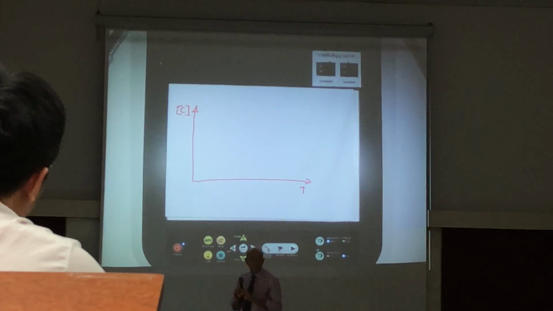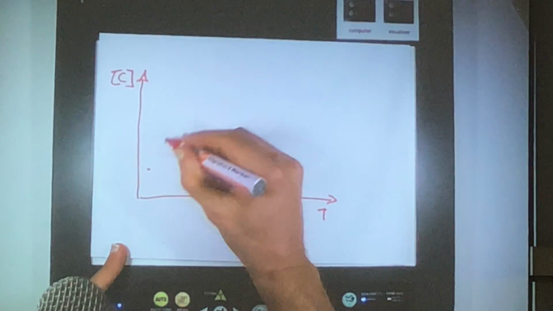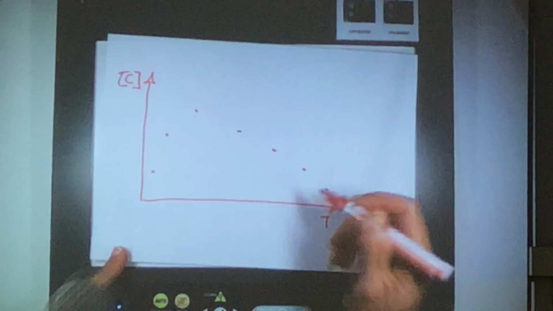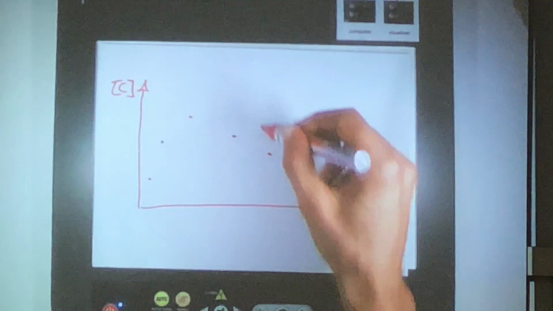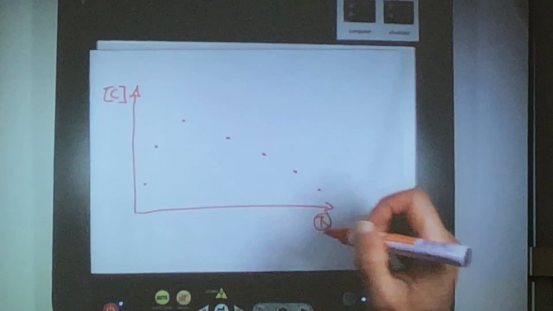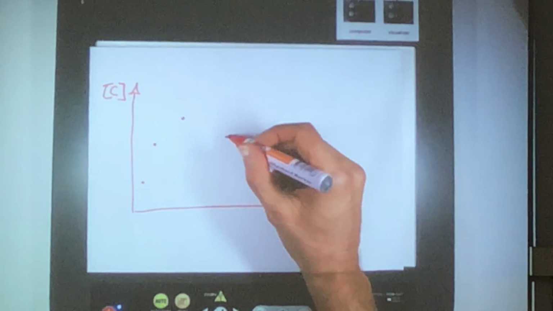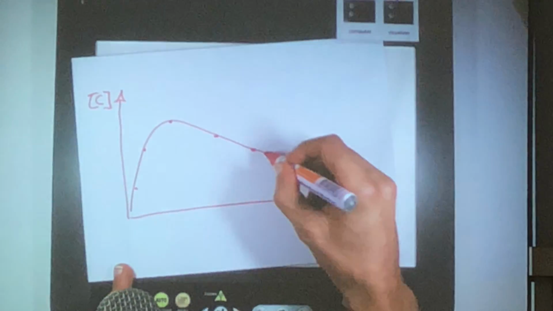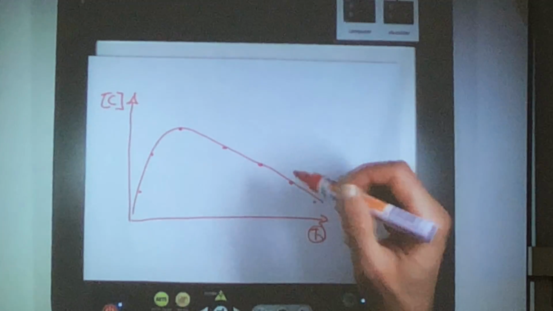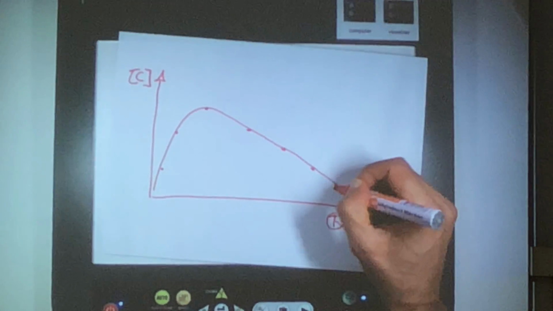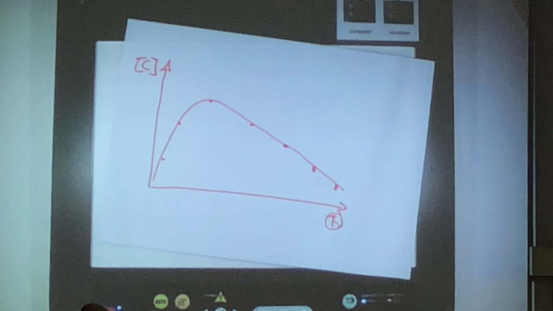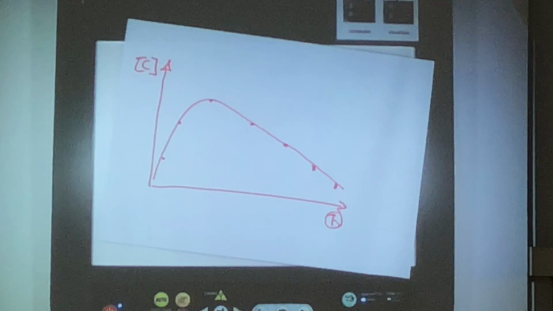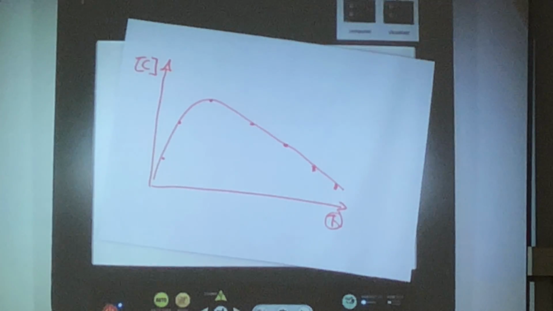How is this half-life calculated? This is the drug concentration over time, and these are experimental points, withdrawal points for the pharmacokinetics. This is the pharmacokinetic curve, and usually from the last 3 points, which are expected to be the complete elimination part of the curve, I can calculate the half-life.